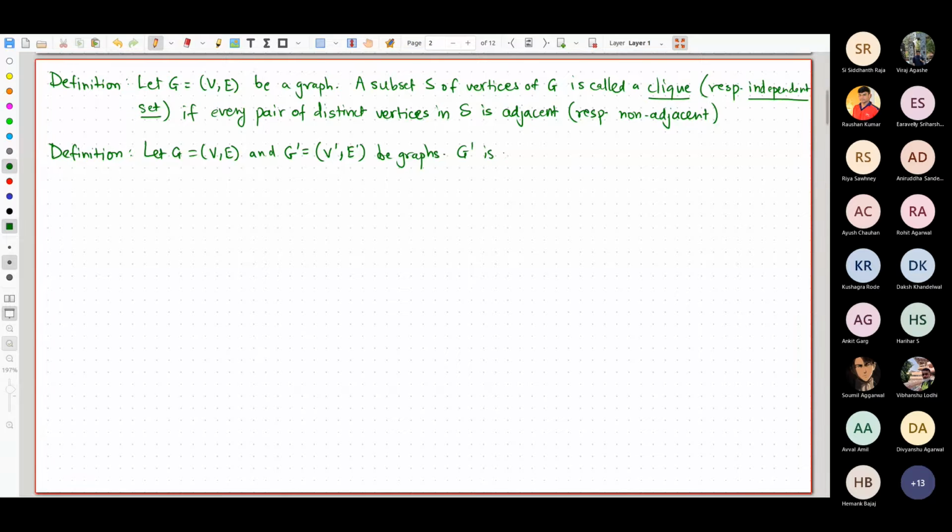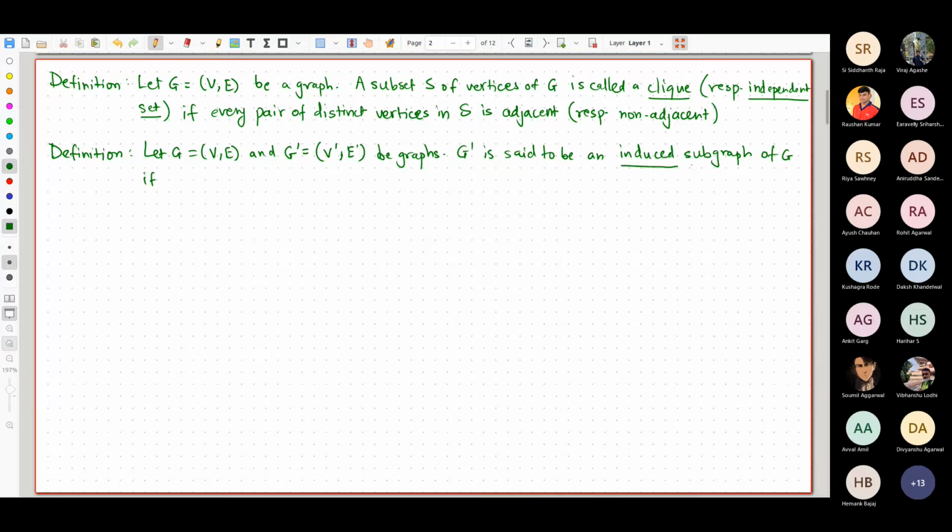G' is said to be an induced subgraph of G if something happens. So what is that something?